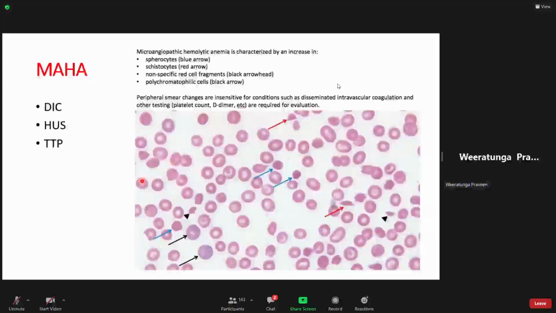Right. So we talked about fragmentation hemolytic anemias like DIC, HUS, TTP. These are all fragmentation syndromes.